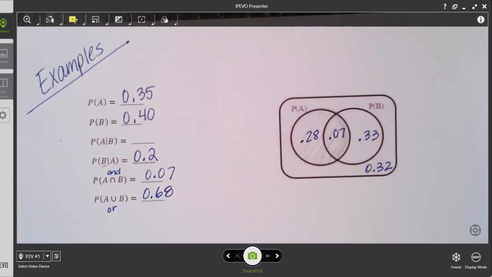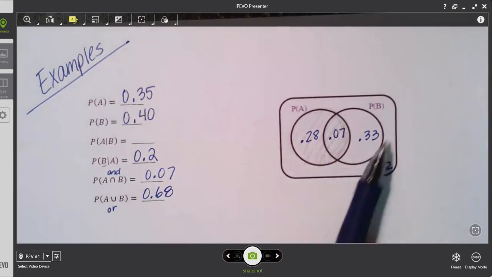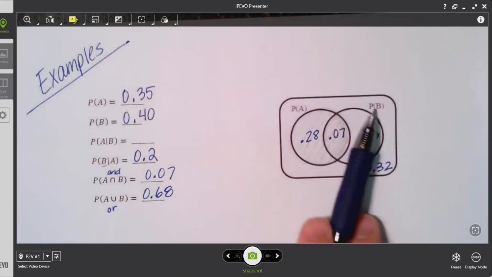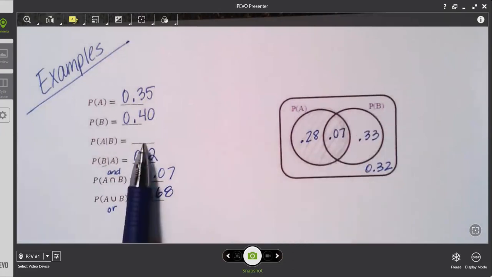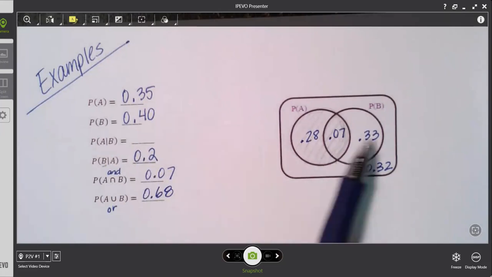The last thing I have to fill in here is the probability of being in A, given that I'm in B. This one right here. So given that I'm in B means inside this entire circle B. So what goes on the bottom is going to be the 0.4 from that entire circle, 0.33 plus 0.07.